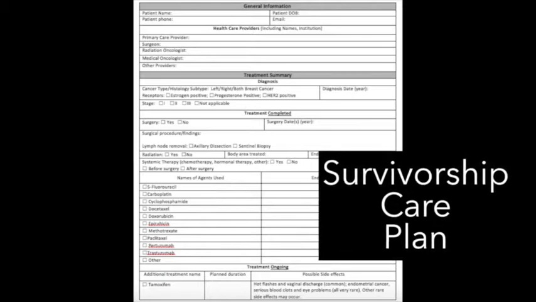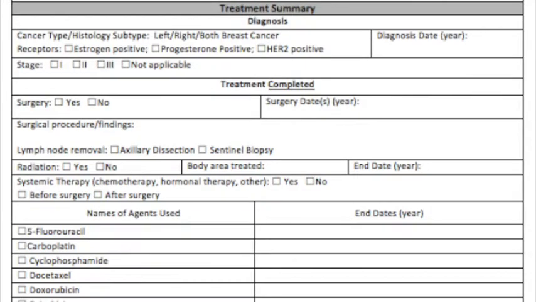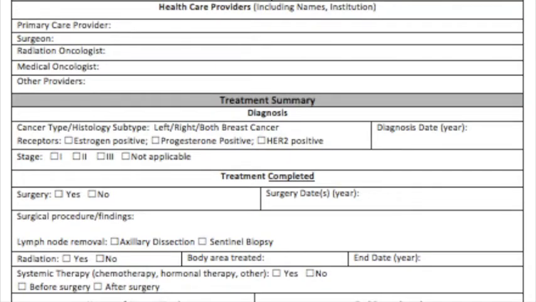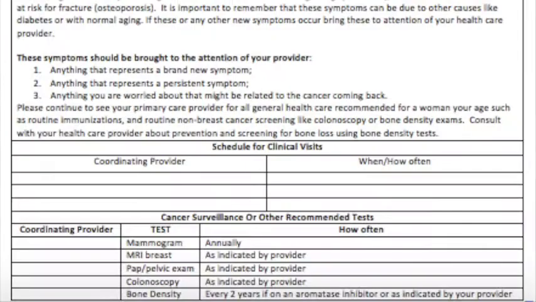However, the minimal requirements include the patient's general information, the oncologist's information, treatment summary, treatment completed, ongoing treatment if any, familial cancer risk, follow-up care plan, and cancer surveillance or other recommended tests.